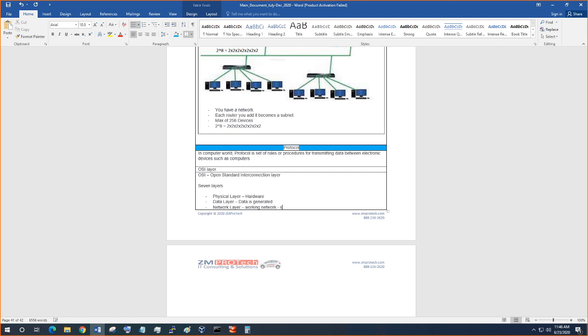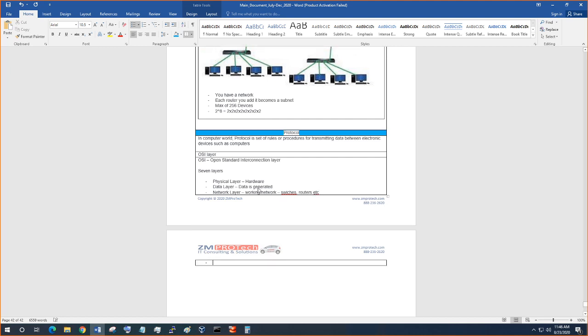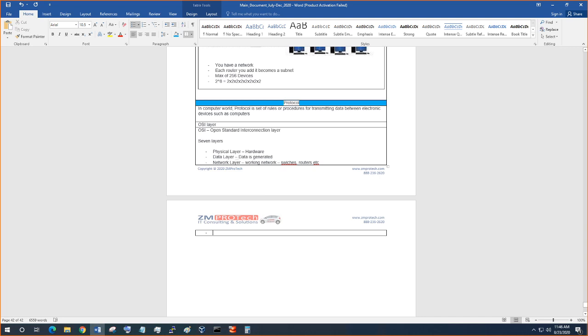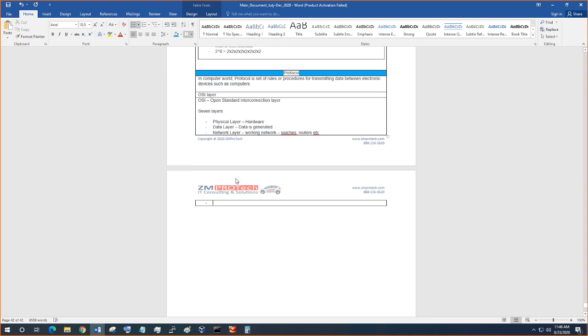These are switches, routers, etc. Even though those are hardware, this hardware falls into the physical and network layers here. So it's possible that one item could fall into multiple layers.